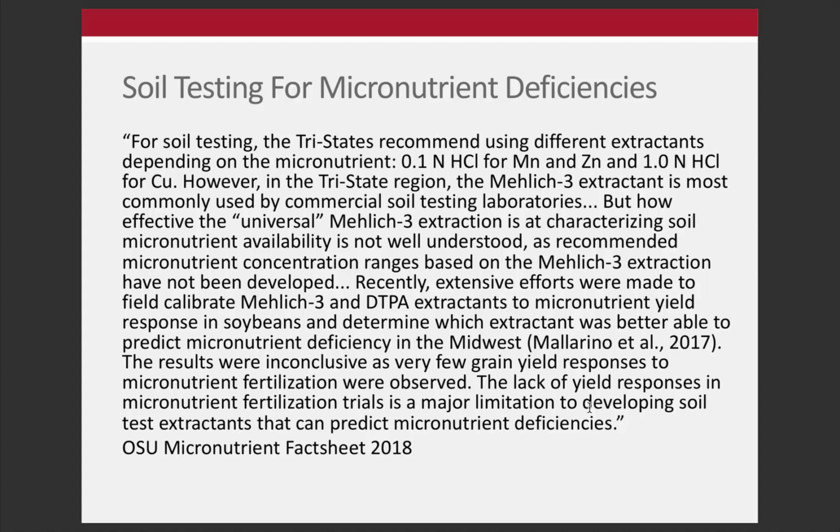When we put out field trial after field trial and try to evaluate micronutrient deficiency and find a crop response to micronutrient fertilization, it's very rare that we can actually find that. It might be spotty or patchy in a field, in a depression or a knoll, for example, where we find some of this show up.